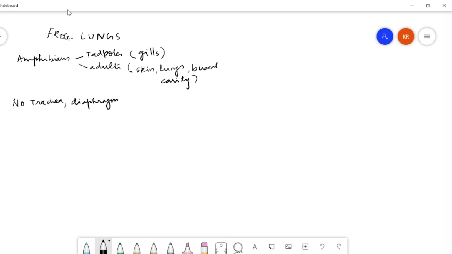and therefore the frog lungs cannot be ventilated in the same way as, say for instance, a reptilian pair of lungs or a mammalian pair of lungs or a bird pair of lungs. It gulps air and takes it inside the lungs.